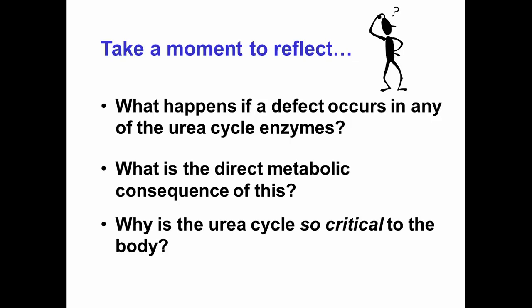So urea is vitally important because it helps us detoxify amino nitrogen, because amino nitrogen is ammonia, and ammonia is toxic to the brain and other nerve tissue and other things. Somebody with really significant liver failure is going to be in a hepatic coma if we allow that ammonia to build up, okay? So, any questions about that?